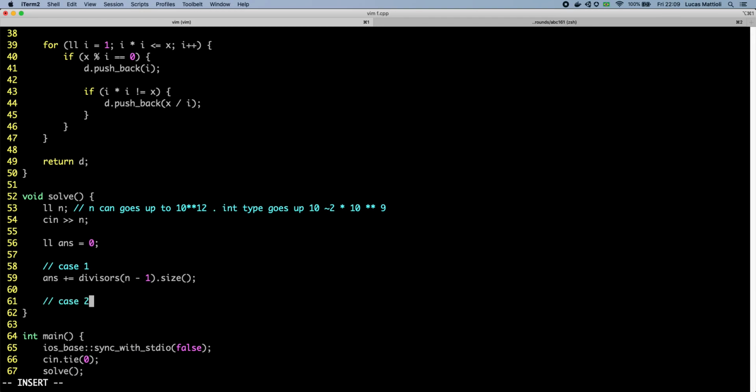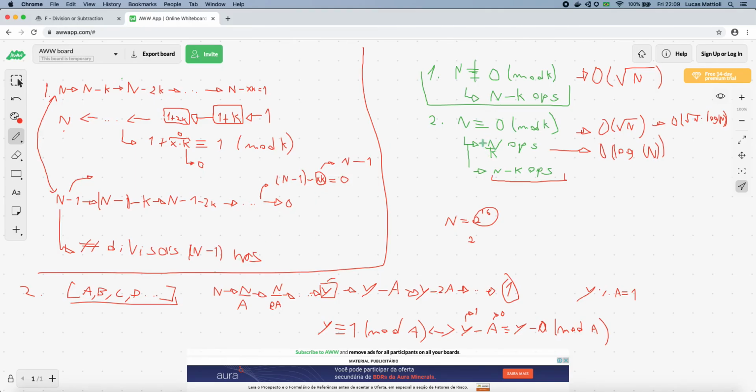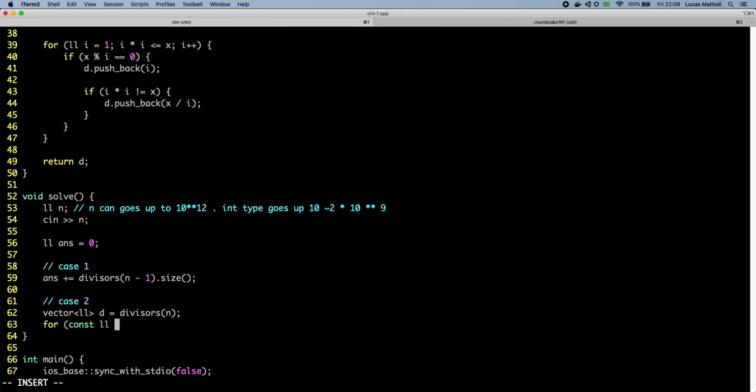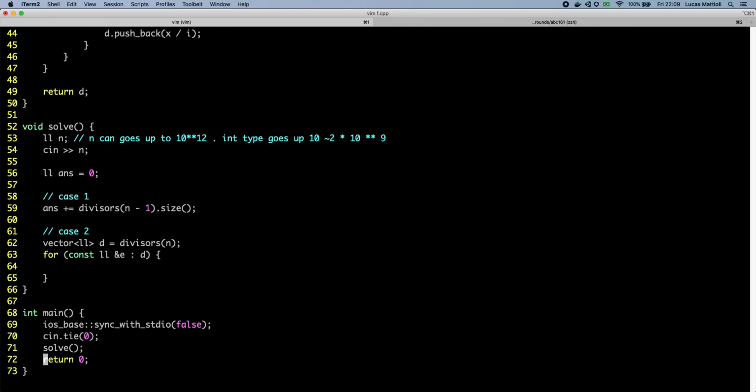For case 2, we need to find all divisors of n, and then we iterate over all of them. This function will return all of the divisors of n.